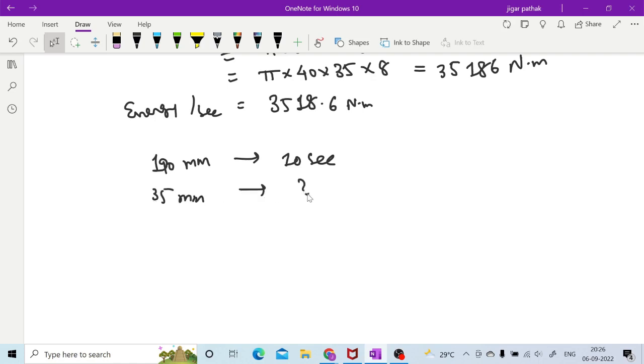So how much time will be required for this 35 mm? So time required for this 35 mm is 10 into 35 by 190. So that is equal to 1.842 second, right?